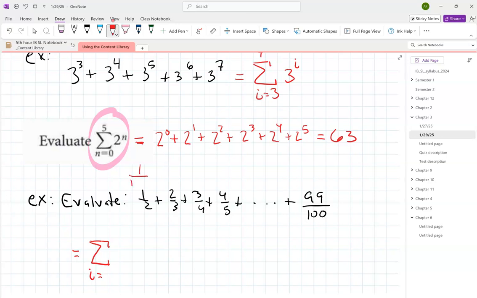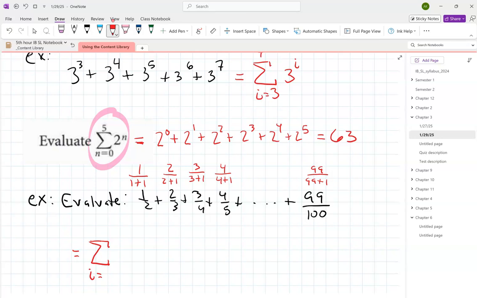So when I look at this, 1/2 looks like 1 over 1 plus 1. 2/3 looks like 2 over 2 plus 1. 3/4 looks like 3 over 3 plus 1. 4/5 looks like 4 over 4 plus 1. 99 over 100 looks like 99 over 99 plus 1.